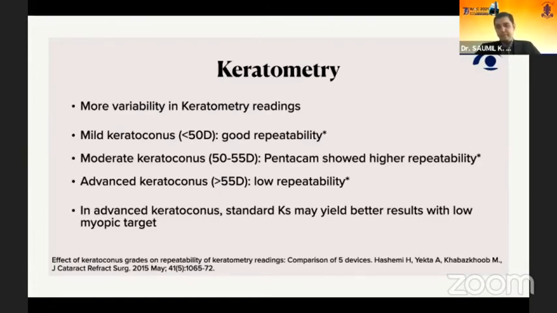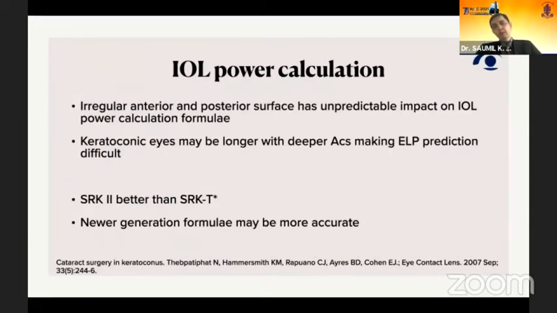What about IOL power calculation? Irregular anterior and posterior surface has a very unpredictable impact on IOL power calculation formulae because all the formulae have a standard ratio of anterior to posterior curvature, and this is completely altered in keratoconus.